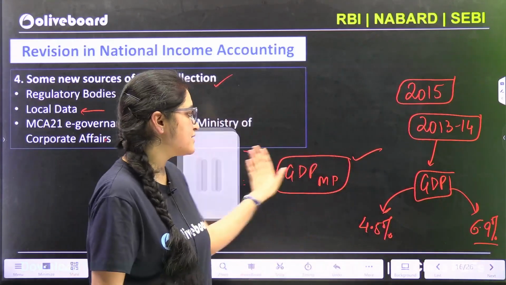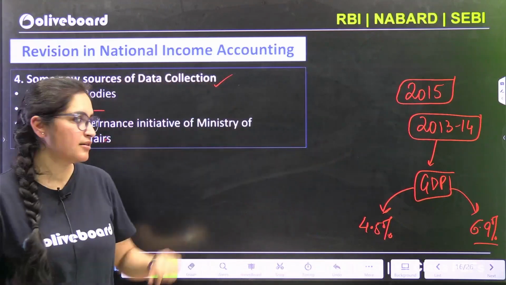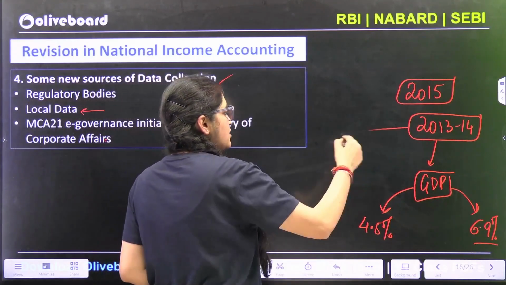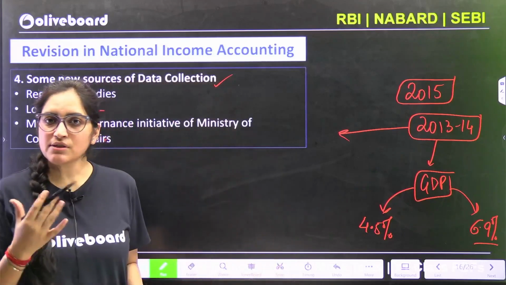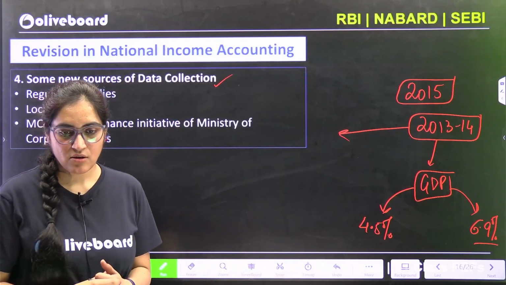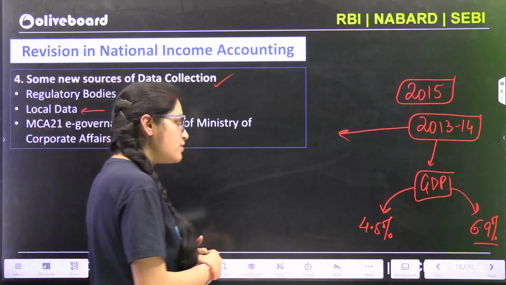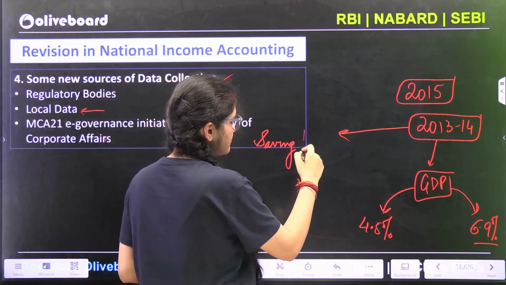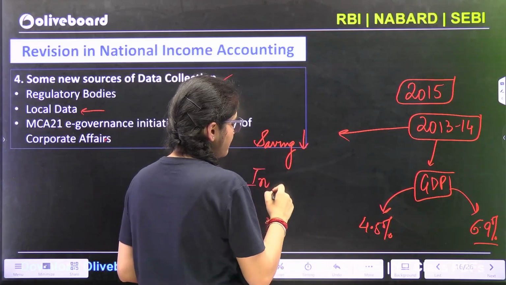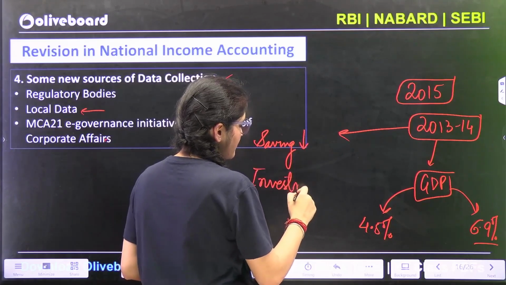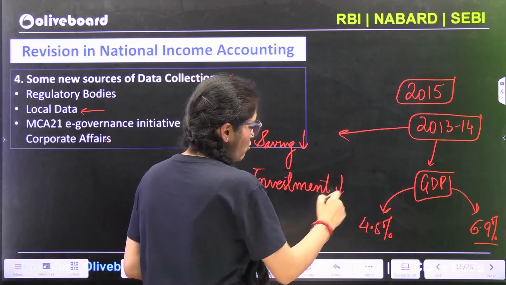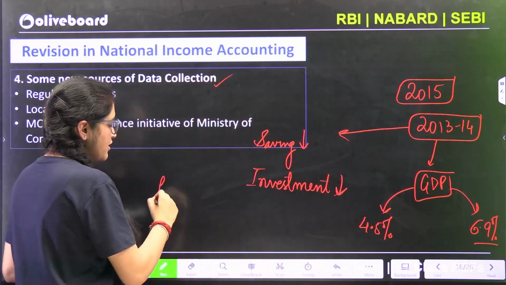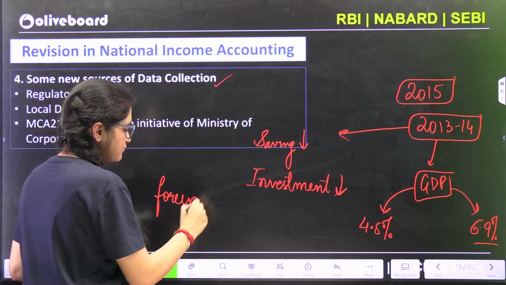And if I describe this 2013 era, there were certain problems in the Indian economy. Savings in the economy had reduced. Investment in the economy was low. There was foreign capital outflow.